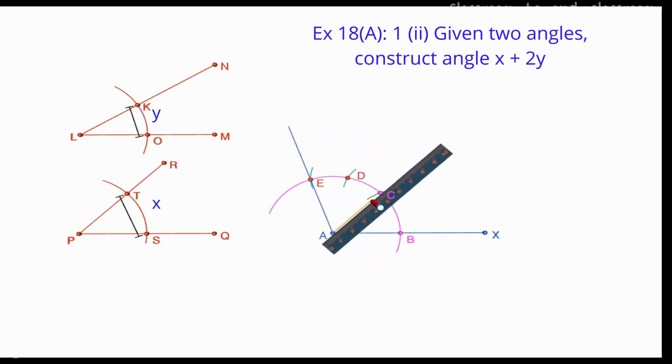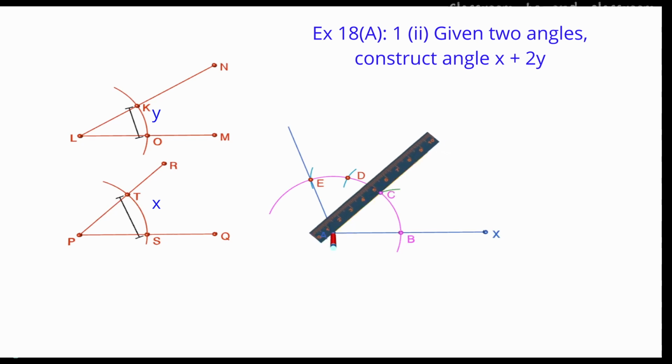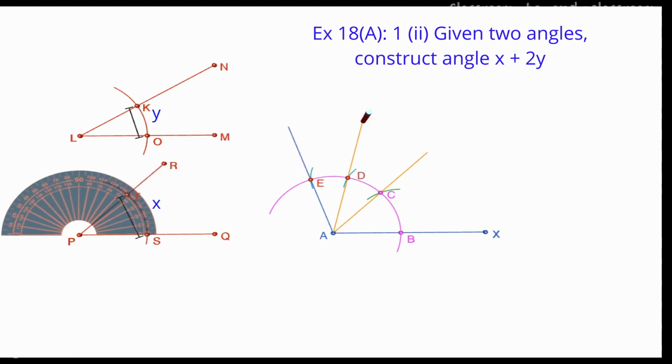You can join AC. This angle is actually angle X, the first angle, and if you join AD, then this angle CAD is equal to this angle MLN, that is Y, and the third angle is again equal to Y. You can measure all the angles.